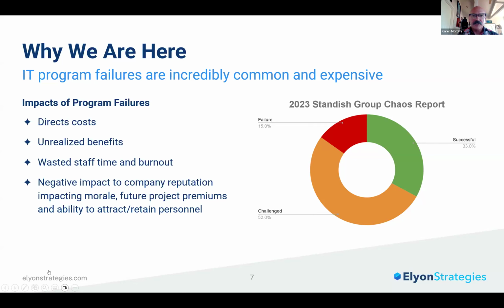And lastly, there can be a risk premium where future vendors are hesitant to work with your organization if they understand that you've had challenges with these big programs. So you want to be known as a partner that has a good track record with program success. There are a lot of impacts from challenged programs, and a lot of good reasons to have a program assurance arm for your projects.